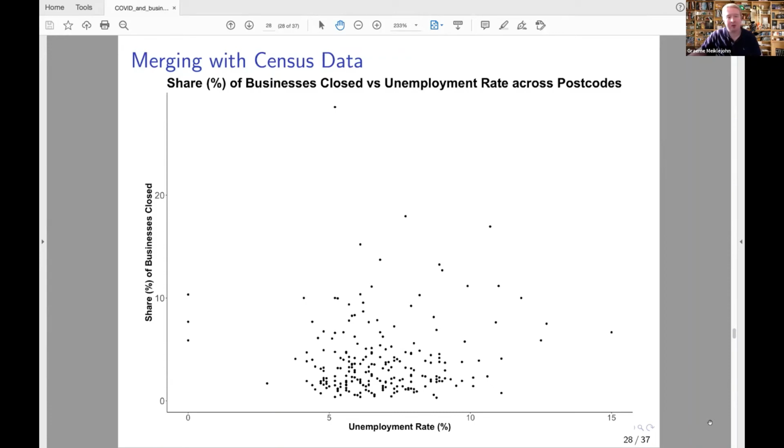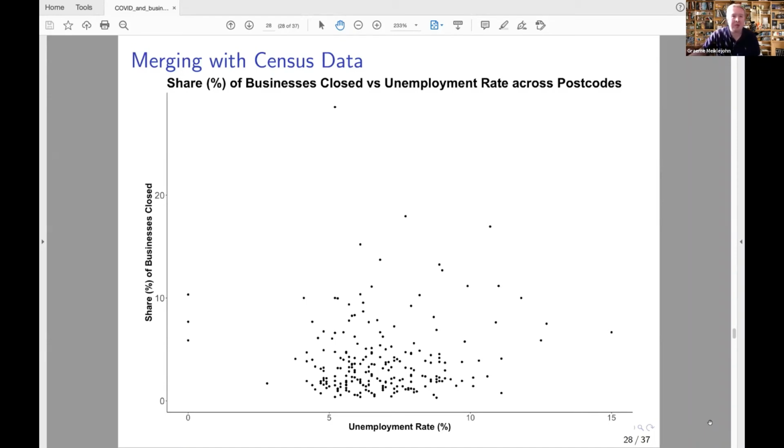One of the ones we looked at was unemployment, and although it doesn't look like a very strong relationship, there is actually a very weak positive relationship between unemployment and share of businesses closed. It is statistically significant, albeit, as I say, the magnitude wasn't super strong. But that was quite interesting.